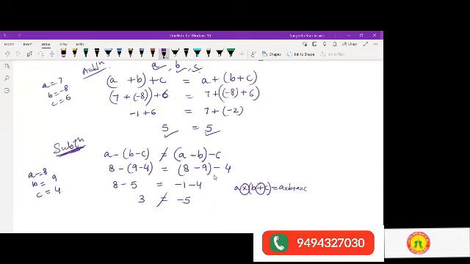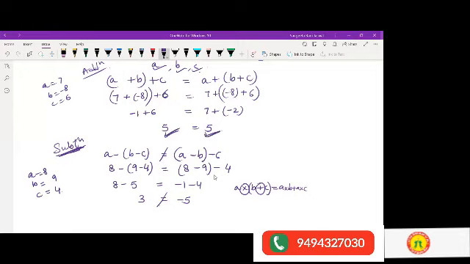On the other side, we take A outside and the other two inside. First, we change the order of the grouping. Then we put these values in the right hand side and left side. In the case of addition, we found that both the sides are equal.